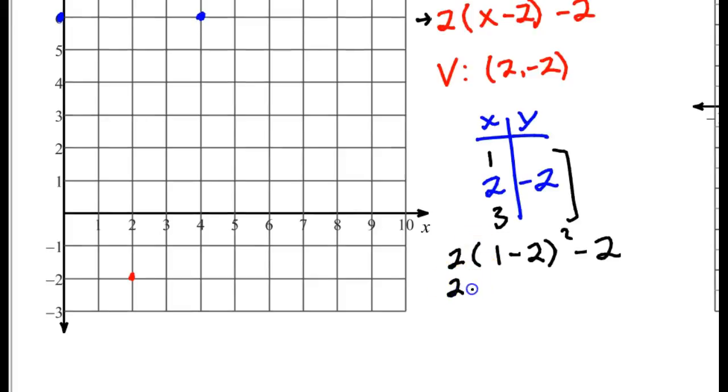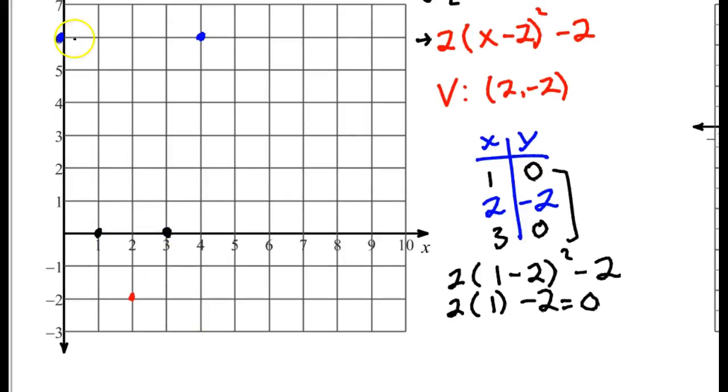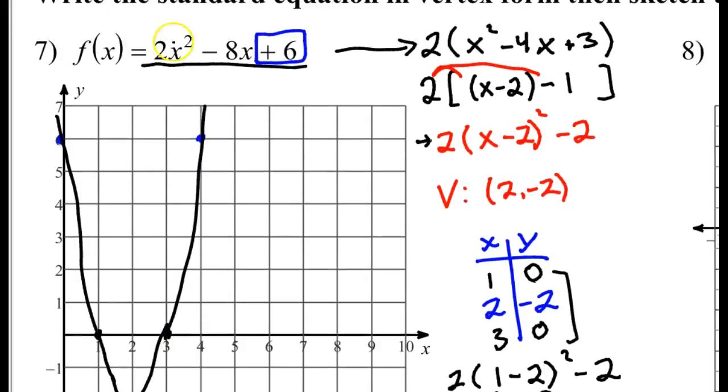So you got 2 times 1 minus 2, so that's just 0, right? So these are actually the x-intercepts. And there we go, and we can finish the graph. So which means if we went through and factored this, we get an answer of 1 and 3.